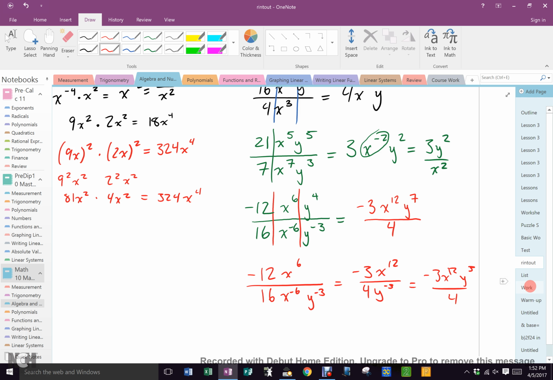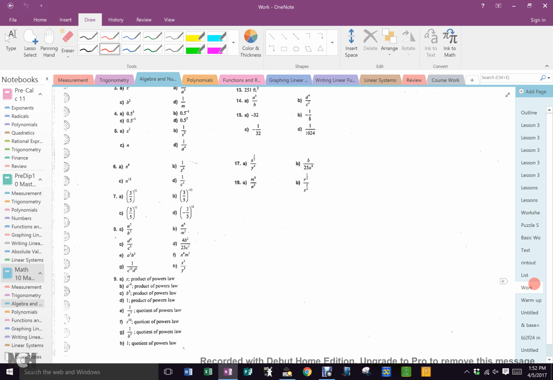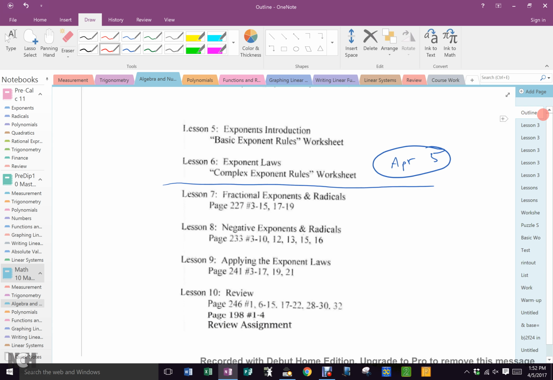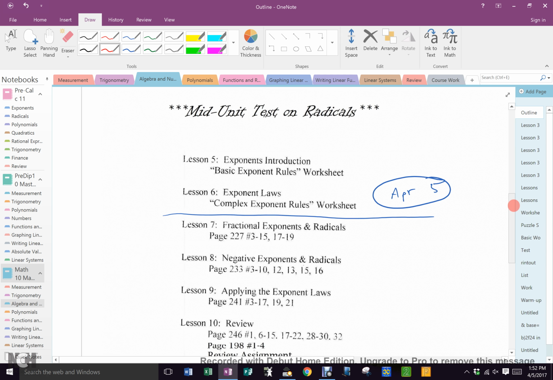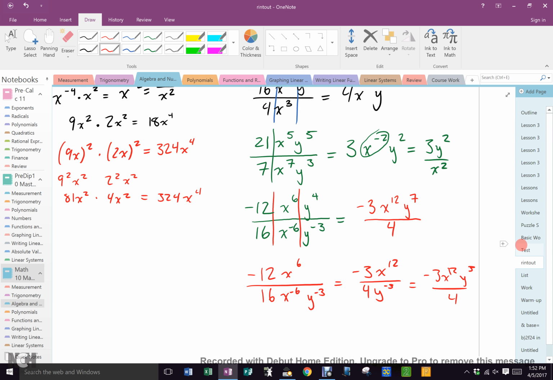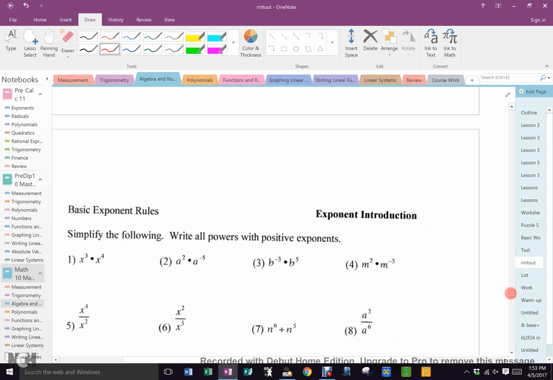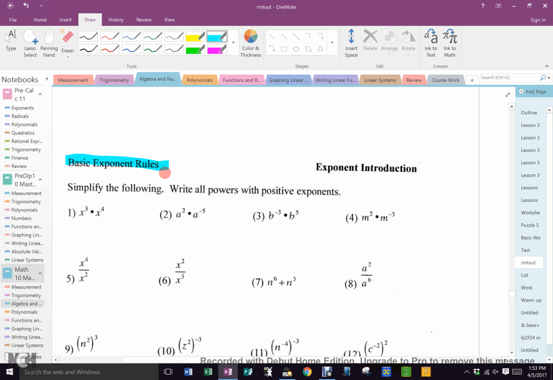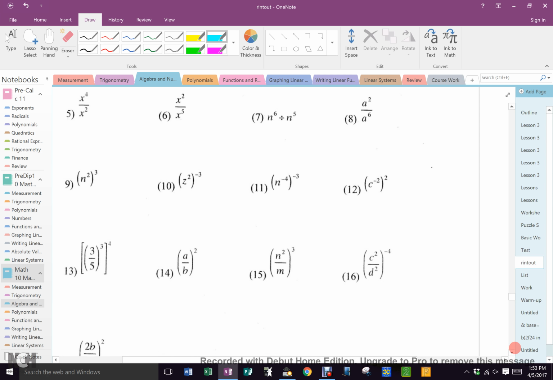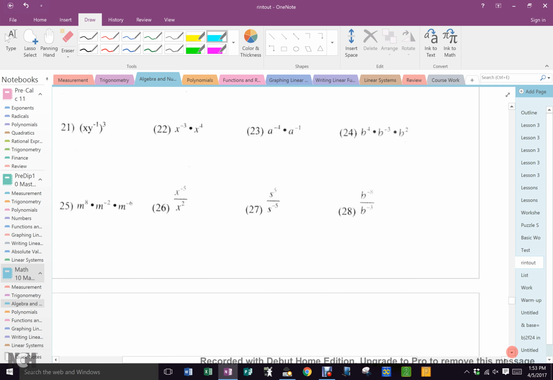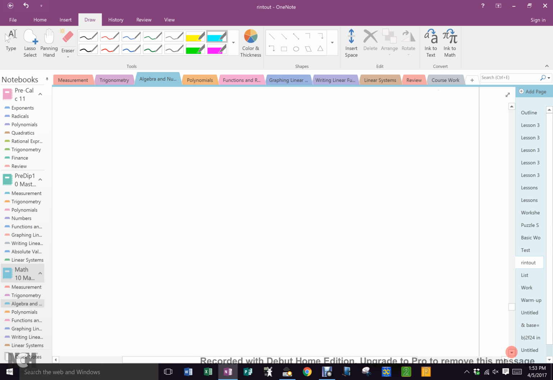Now, if you look in your pink, I lie, your blue book, which is your workbook. So let me double check something. No, I lie. I'm the worst kind of liar. If you keep in your notebook, which is pink, your next page should say basic exponent rules. Excellent. Do those up to number 35.